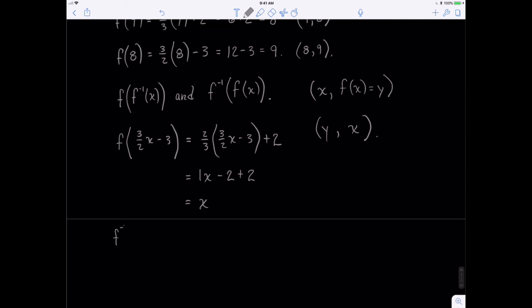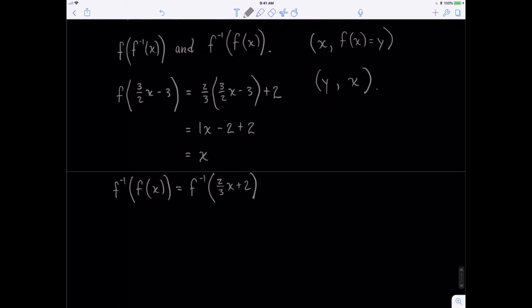Let's say I start with f inverse of f of x. This says, take f inverse, and I substitute f of x. Well, that was 2/3 x plus 2. So now I put this whole piece into the inverse.